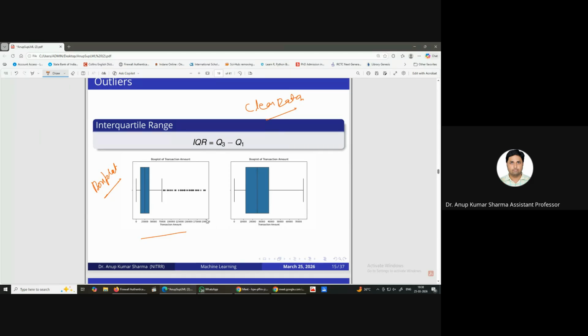So this is what we call a box plot. It's very important to clean the data. In this first box plot you see we have used a transaction amount of 0 to 2 lakh, and after cleaning we have data from 0 to 70,000.